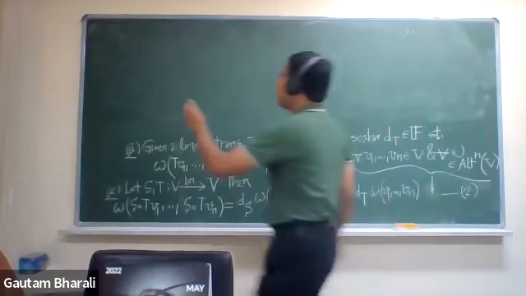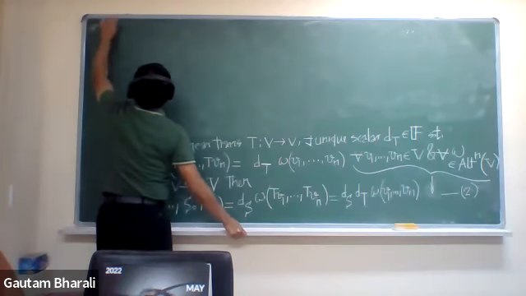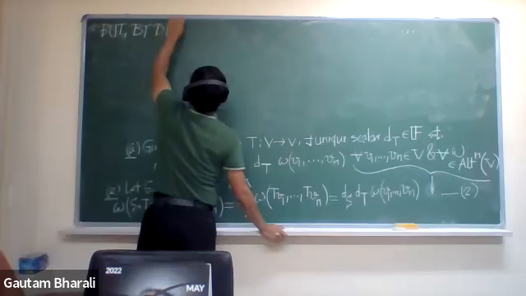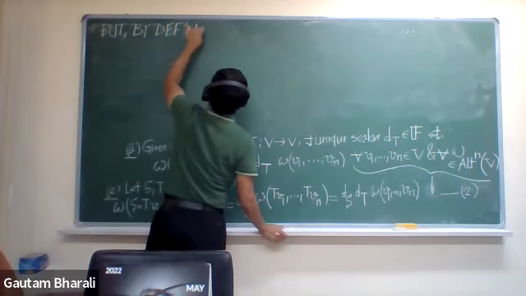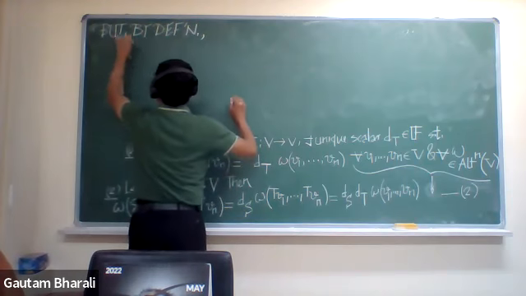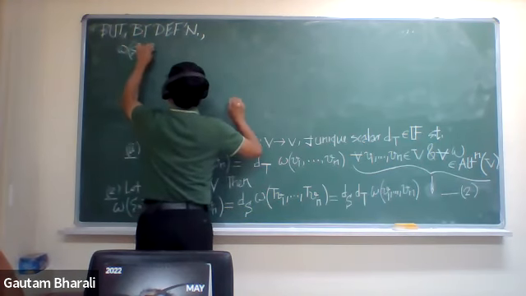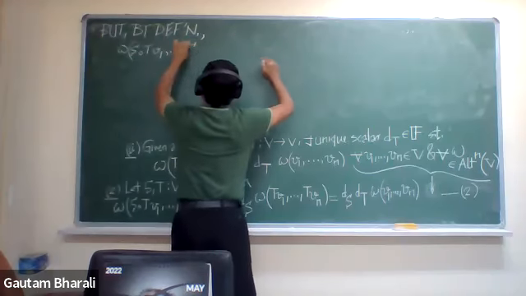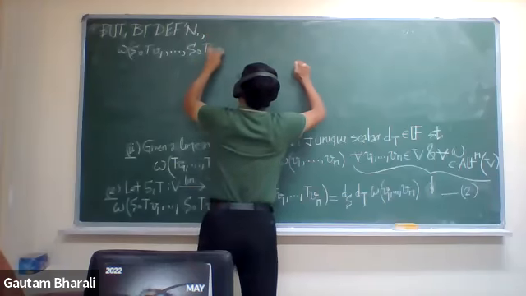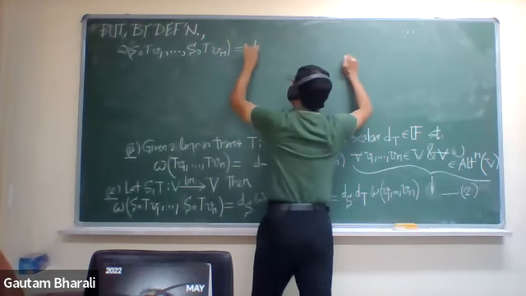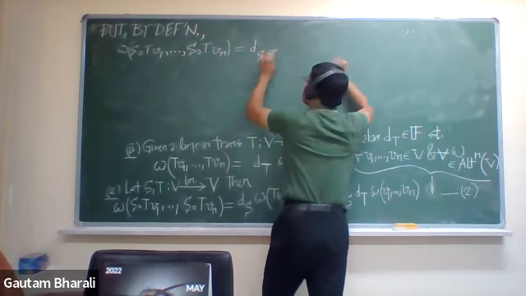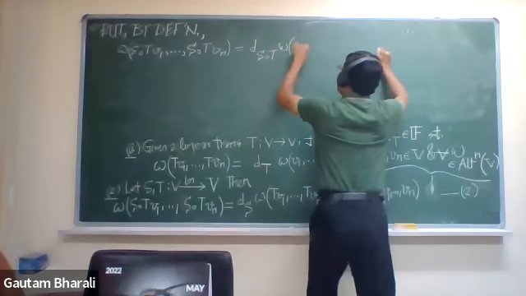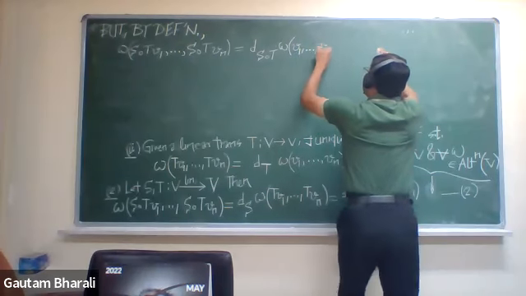But by definition, omega of S composed with T acting on v1, S composed with T acting on v2, dot, dot, dot, S composed with T acting on v sub n, is equal to d sub S composed with T, whatever this is, times omega of v1, dot, dot, dot, v sub n.